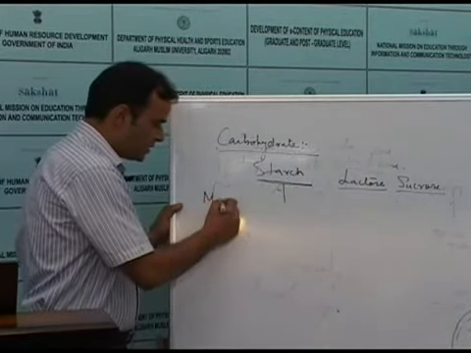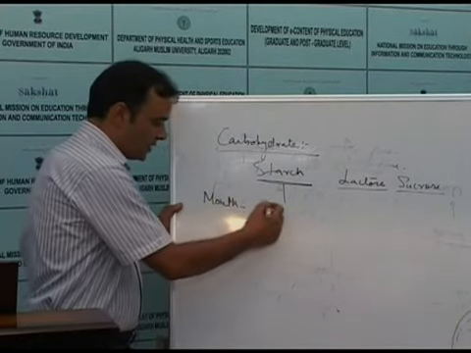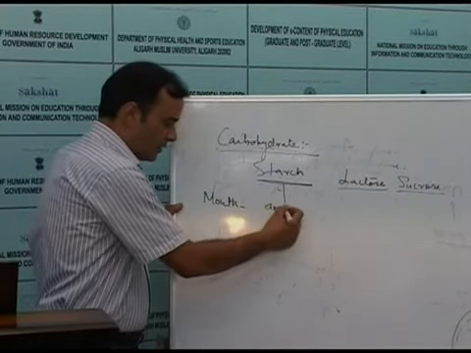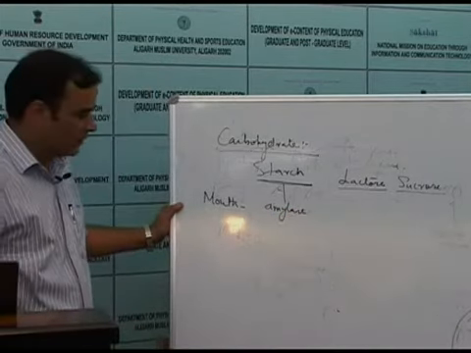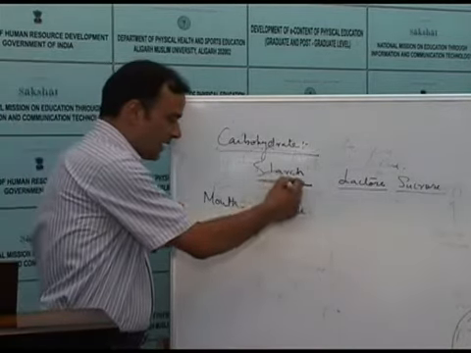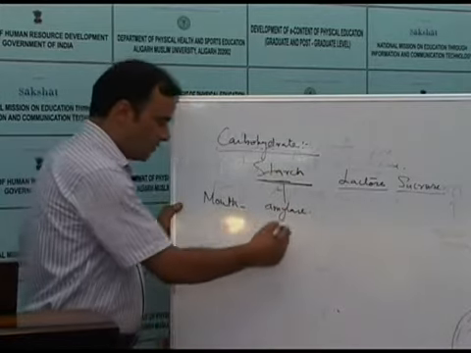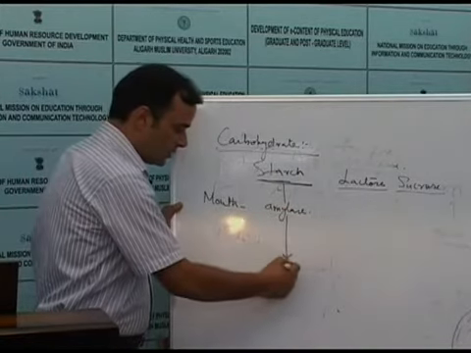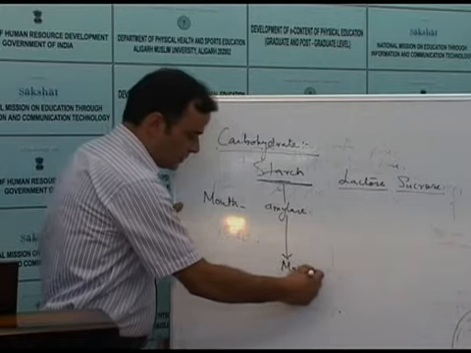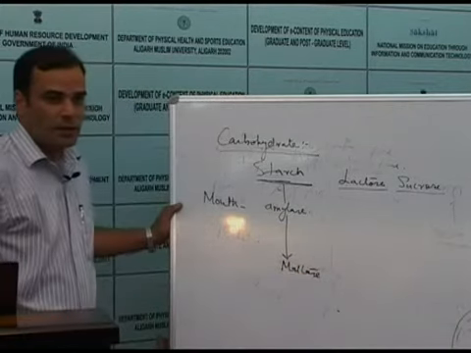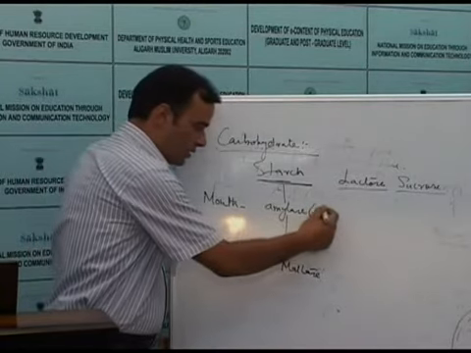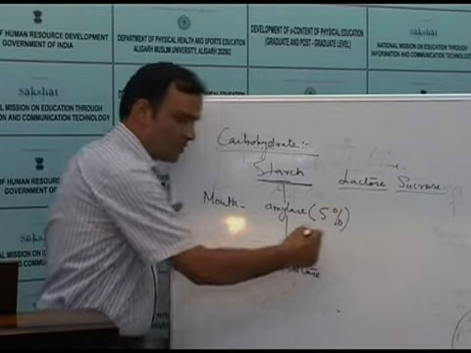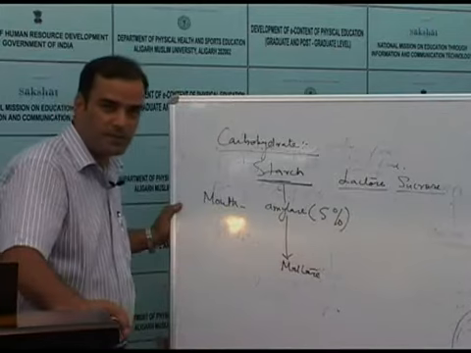First, when the starch reaches the mouth, it is acted upon by the salivary amylase. It starts digesting the starch and converts it into maltose. The digestion, however, in the mouth is very small and is approximately only 5%.